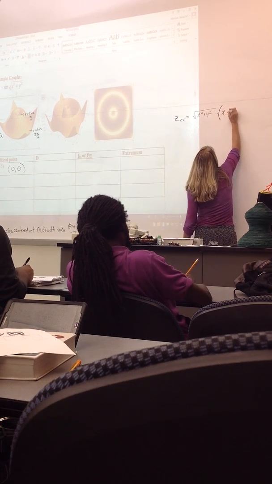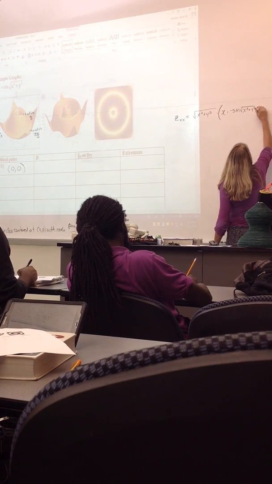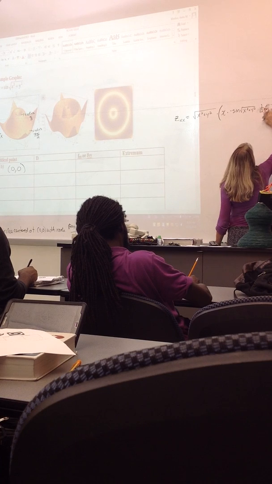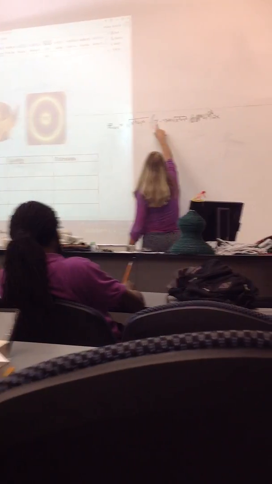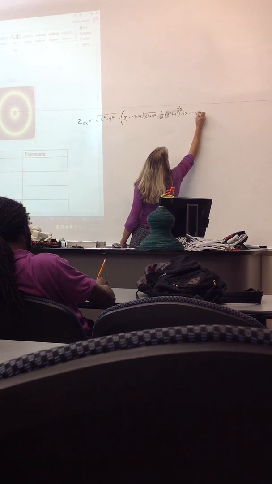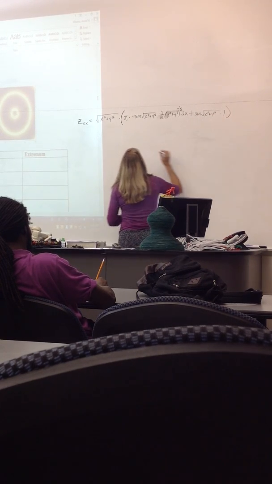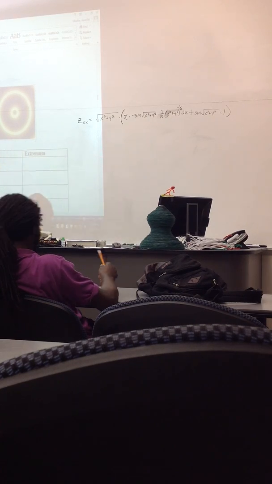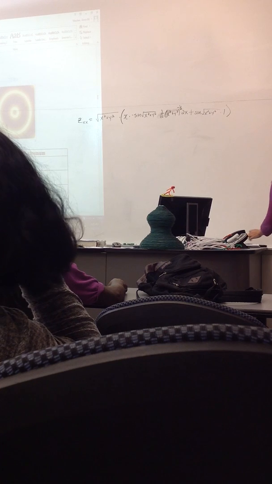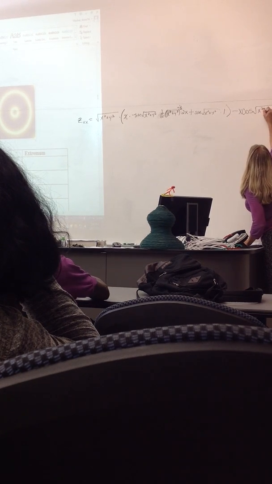So I have first times derivative of the second, plus the second times derivative of the first, minus the numerator times the derivative of the denominator.